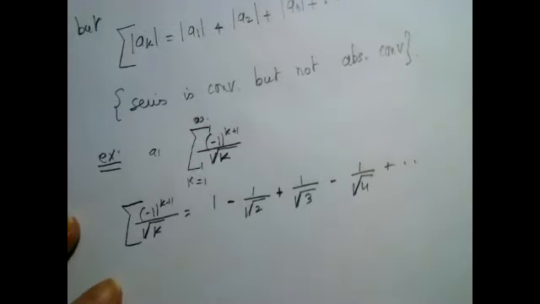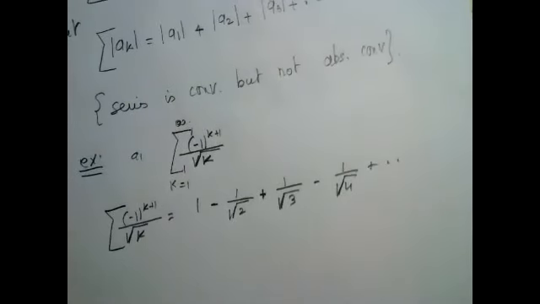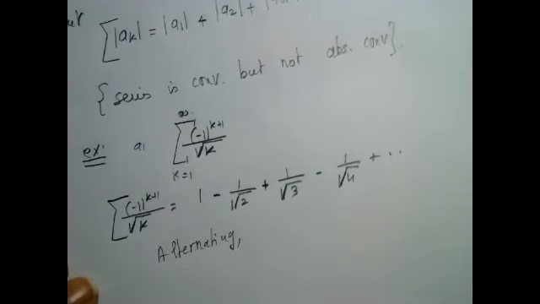Does this series converge by itself? Forget about conditionally. Yes or no, and why? First, we notice it's alternating. Does it satisfy the conditions of the alternating series test? If it does, it converges.